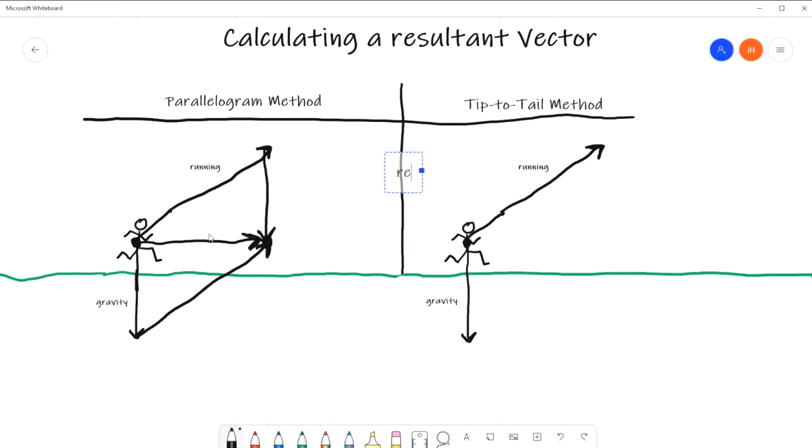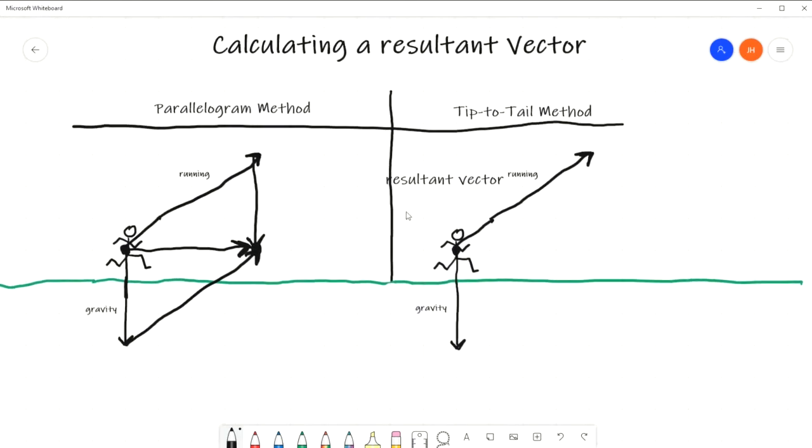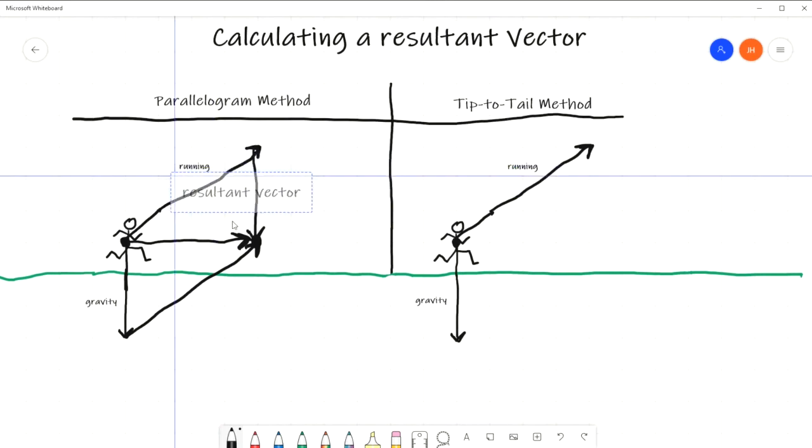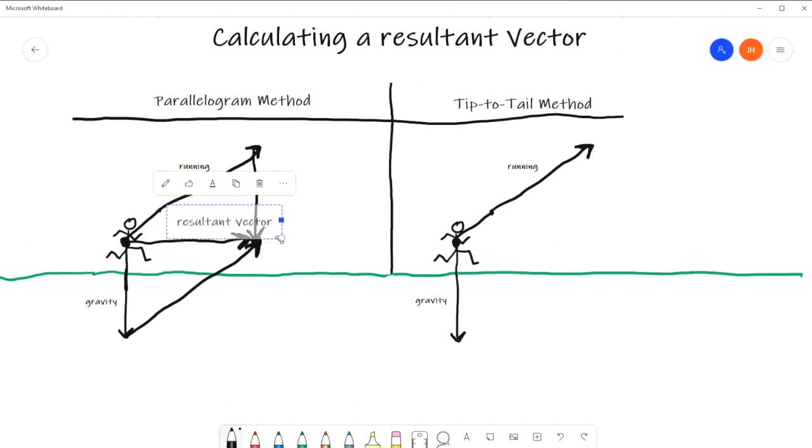I'm going to write that resultant vector and place it right over here, just so that we have it labeled. Okay, that's the parallelogram method. You can see it creates a nice little parallelogram. It looks kind of cute, right?